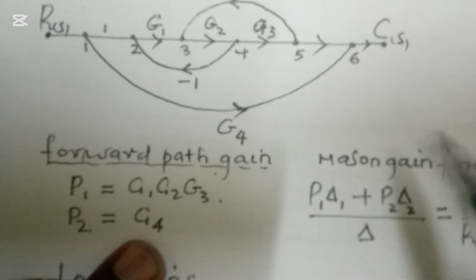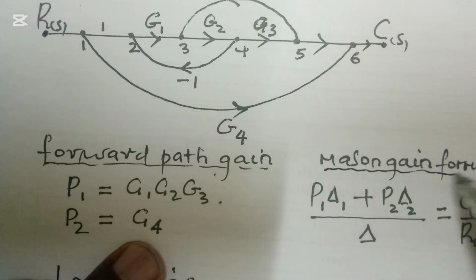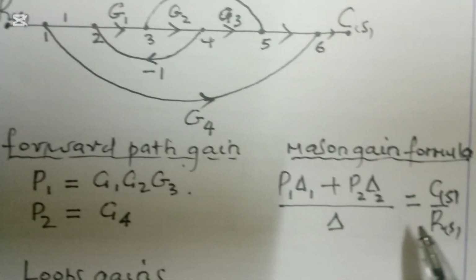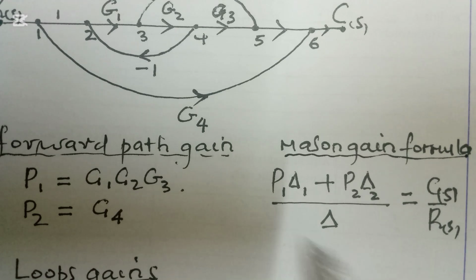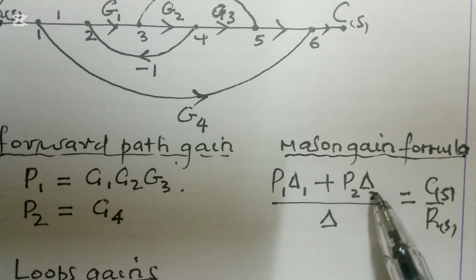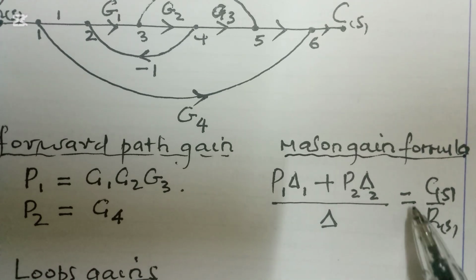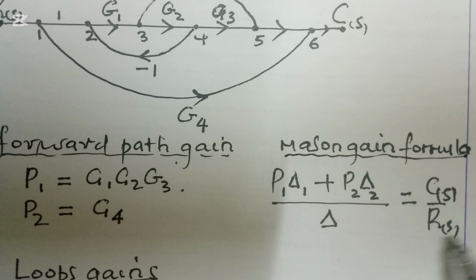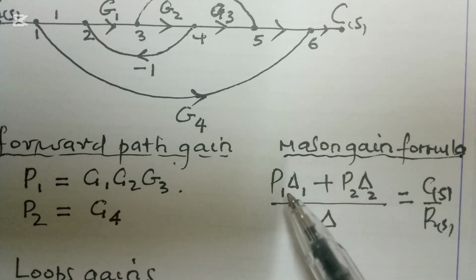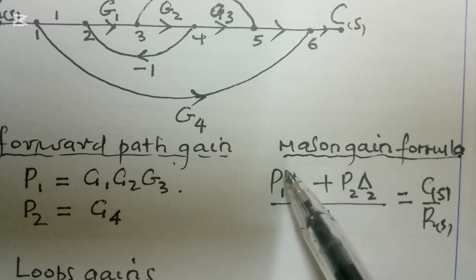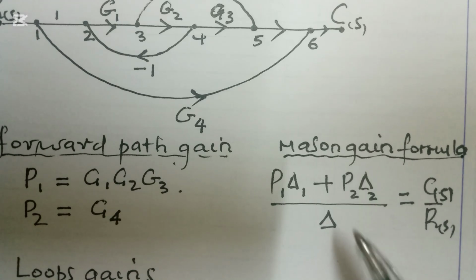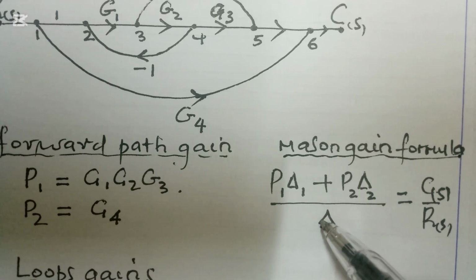The Mason's gain formula, guys, it states as shown. This is P1 delta 1 plus P2 delta 2 all over delta, which is equal to the transfer function. So guys, we have already found the P1 and the P2.